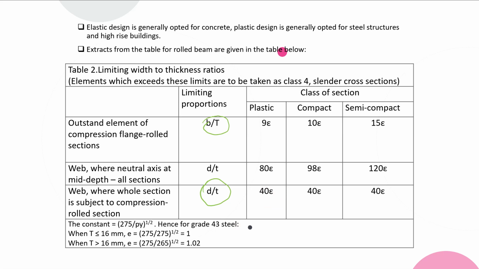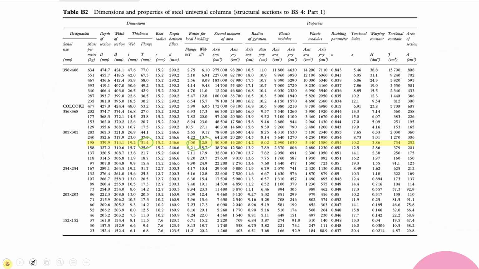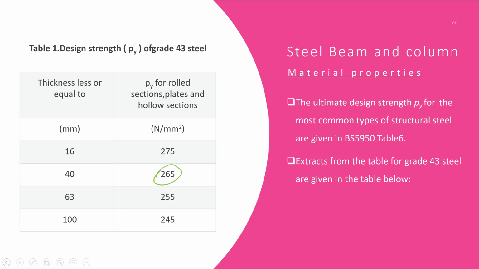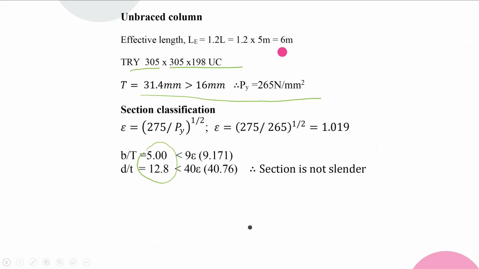So we consider it as not a slender column, we design it to be a non-slender column. Therefore, when we calculate, we get the value of the constant here: since PY is 265, we get 1.019, 1.019 times 9. Obviously this is for plastic, and this one for semi-compact or compact plastic.